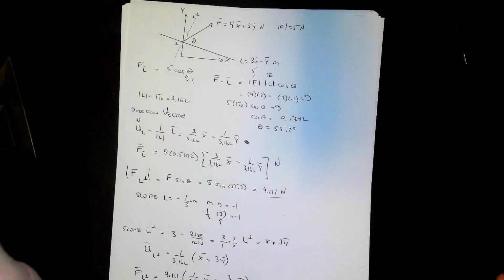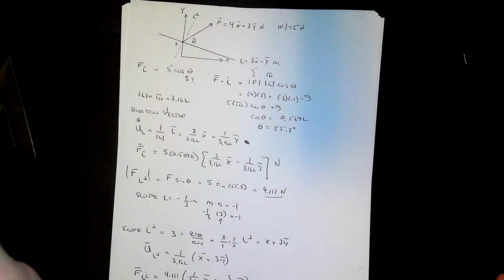Do an inverse cosine and you'd wind up with theta is 55.3 degrees. Now that we have that, we can compute the sine if we were so motivated. Actually, once we were here, we could have gotten very close to getting the sine because cosine squared theta plus sine squared theta equals 1. So if you know cosine theta, sine theta ain't far away, no matter how you look at it.